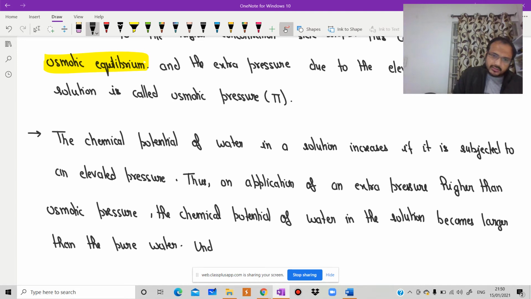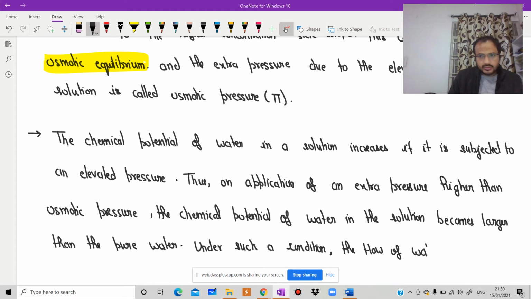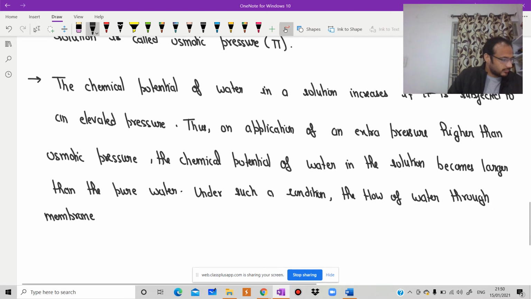So under such a condition, the flow of water through the membrane reverses.